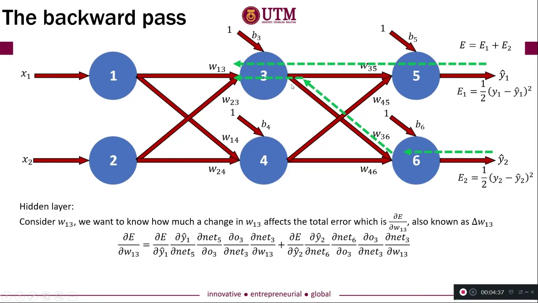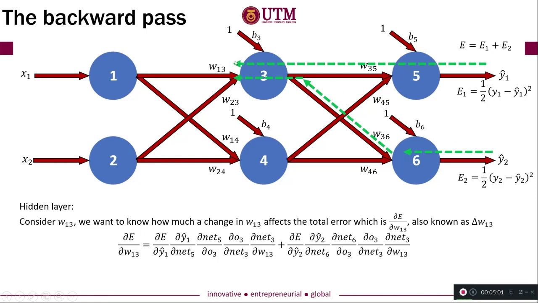The 36 line and 35 line are affected by any change happening at W13, which is why the error E depends on E1 and E2, where E1 depends on Y hat 1 and E2 depends on Y hat 2.